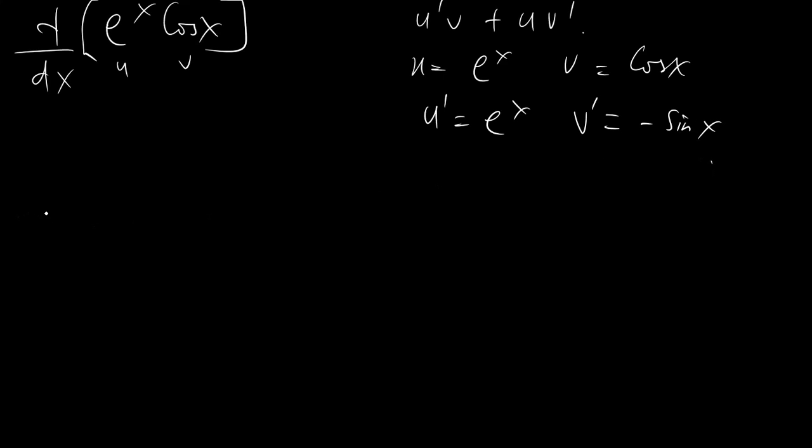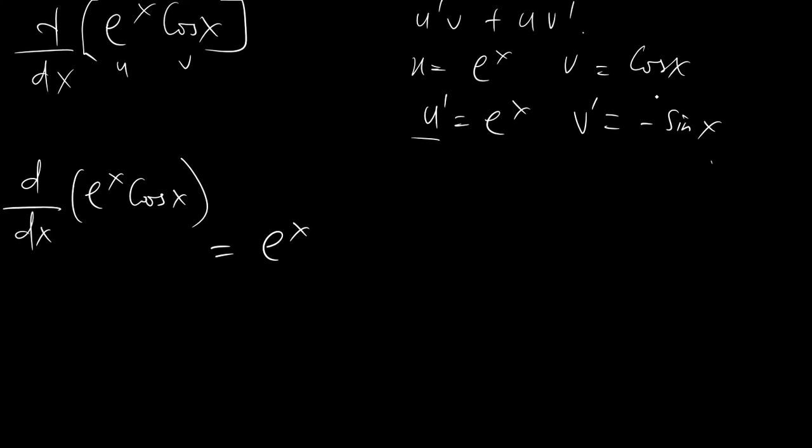So now using this expression, we have the derivative of e^x cos x equal to u', which is e^x, times v, which is cos x, then plus u, which is e^x, times v', which is minus sin x.